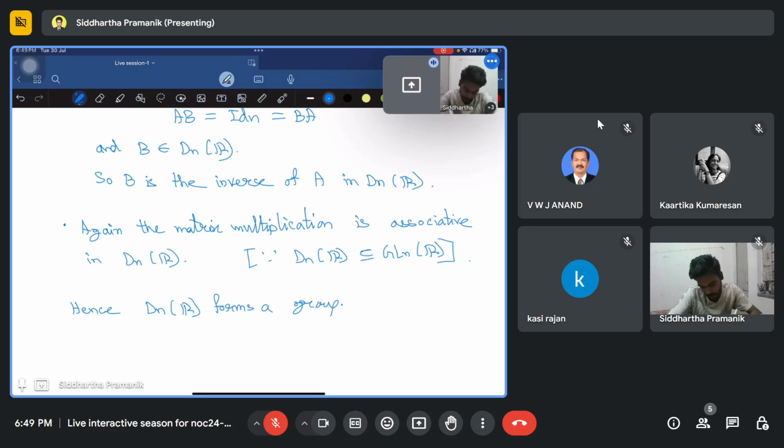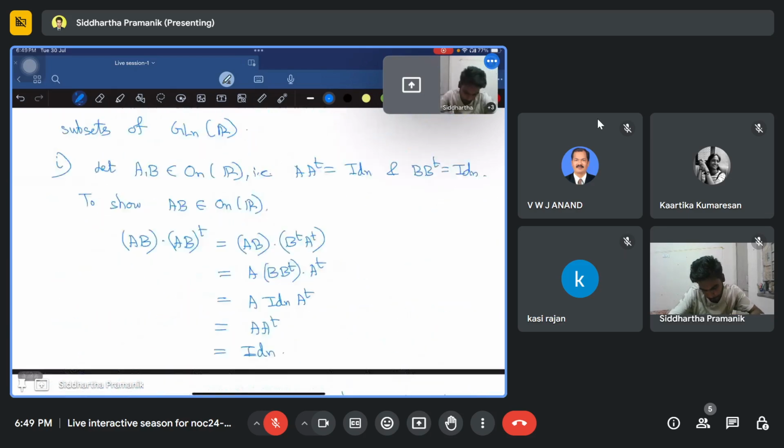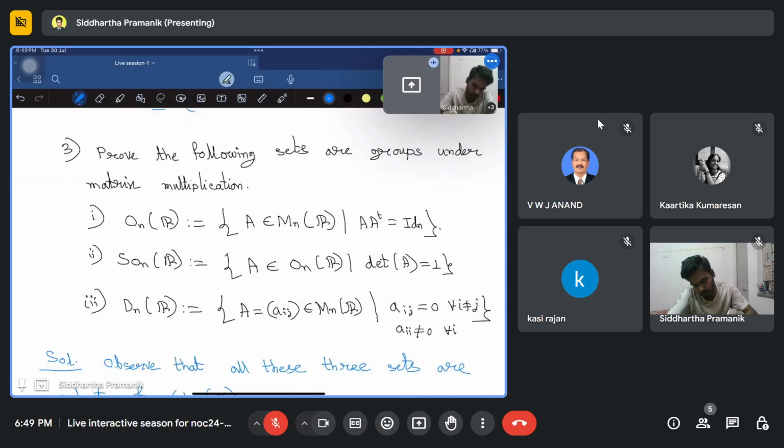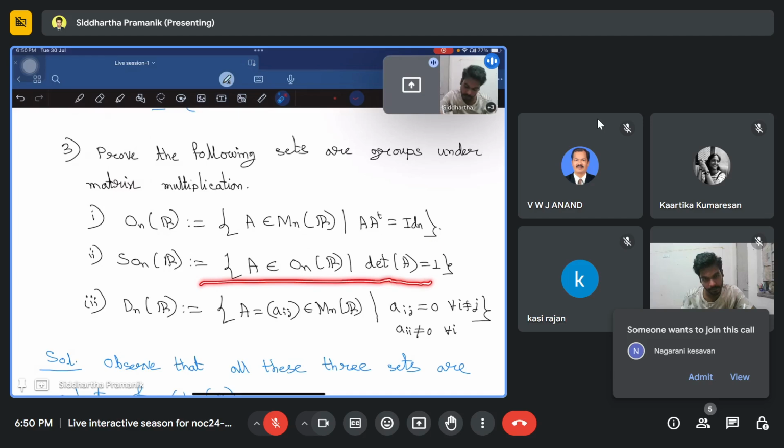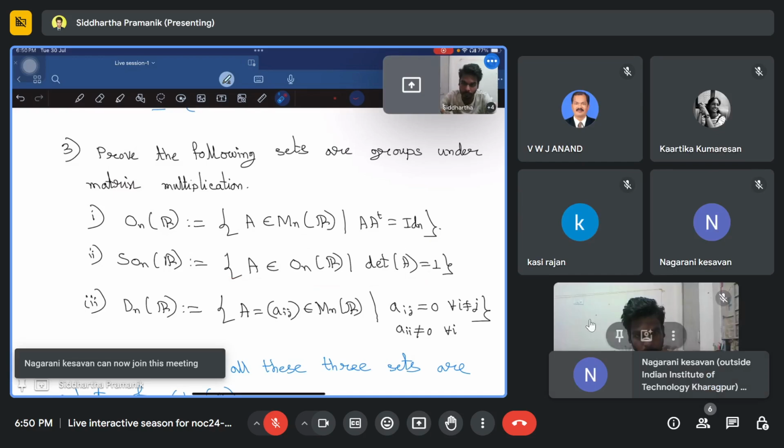Okay, so let me go back to the problem and let me ask you something. Here all these three sets ONR, SONR and DNR form a group under matrix multiplication. That is what we have proved now. First one is the set of all n by n orthogonal matrices over R. Second one is n by n orthogonal matrices with determinant 1.